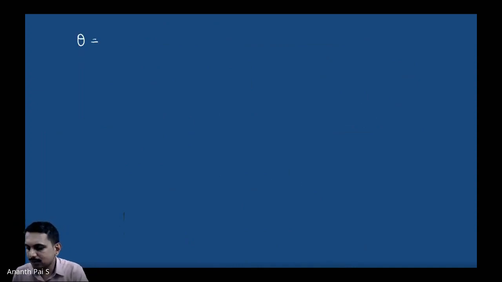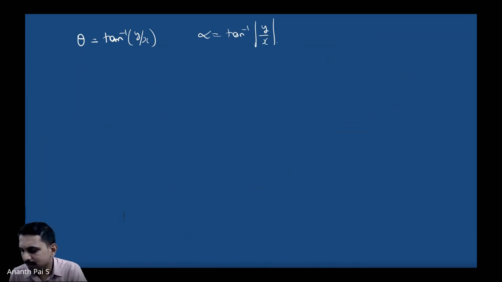So here, theta is equal to tan inverse of y by x. And if I say alpha is equal to tan inverse of magnitude of y by x, then depending on the quadrant, if the quadrant is first, theta is taken as alpha.